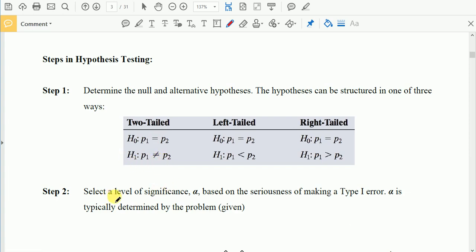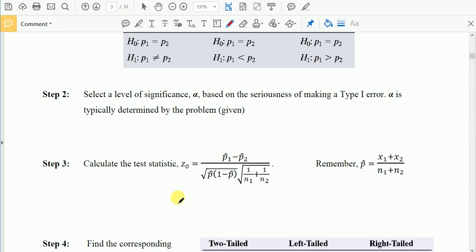Again, you have to select the significance level, or alpha, and this one is usually given from the problem. And you have to calculate the test statistic, and we do a z score for proportion. Remember, for proportion we do z score. For the mean we do the student t distribution, and for the standard deviation we do the chi-square.